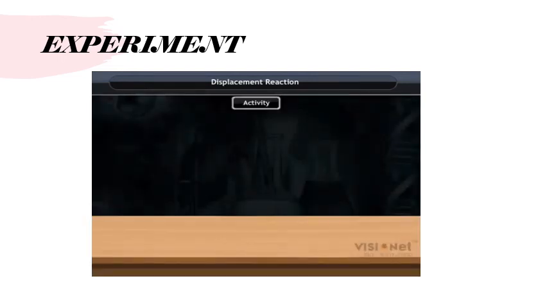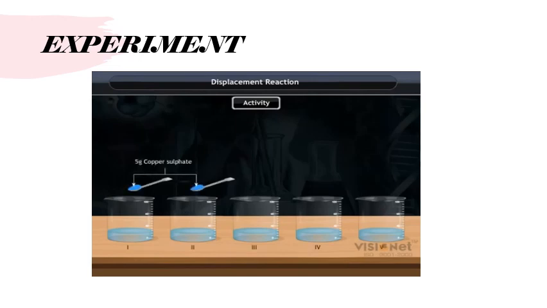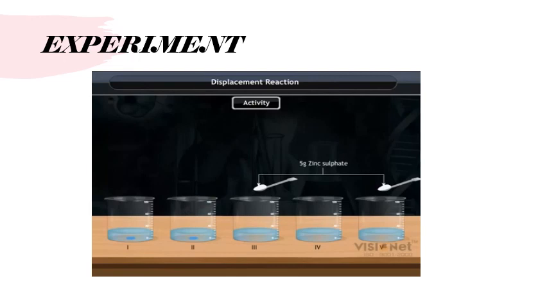Activity. Take 500 milliliter beakers and add 20 milliliters of water in them. Label the beakers as 1, 2, 3, 4 and 5. Add 5 grams copper sulfate to beakers 1 and 2, 5 grams zinc sulfate to 3 and 5, and 5 grams iron sulfate to beaker 4.